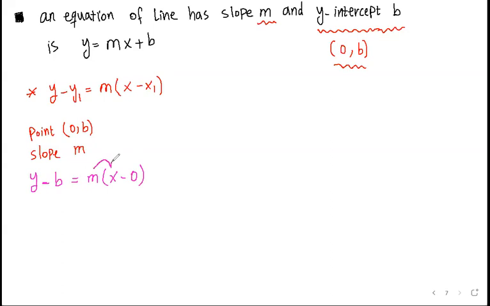Distribute the m inside the parentheses and add b for both sides. So y minus b equal mx, since m times 0 is 0. Now add b for both sides, so I get y equal mx plus b, same as this formula.